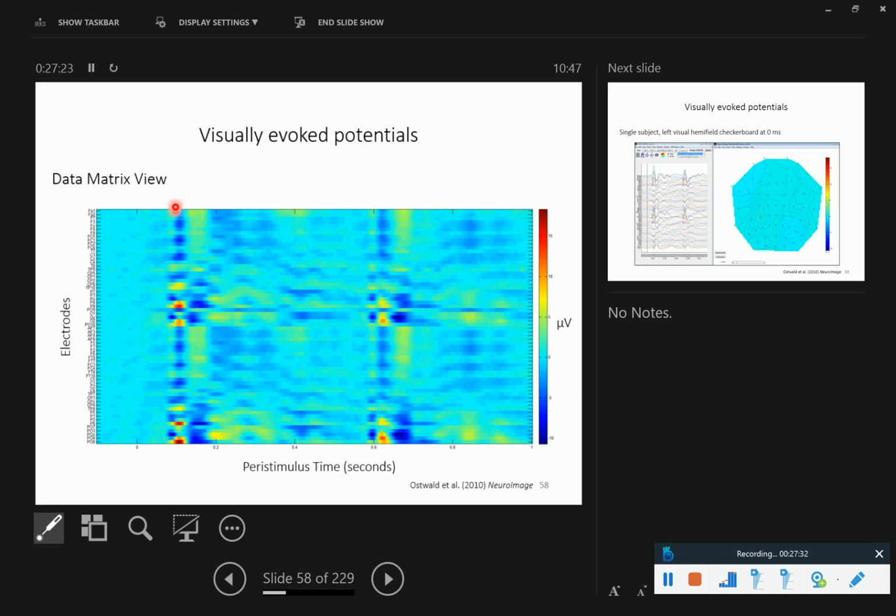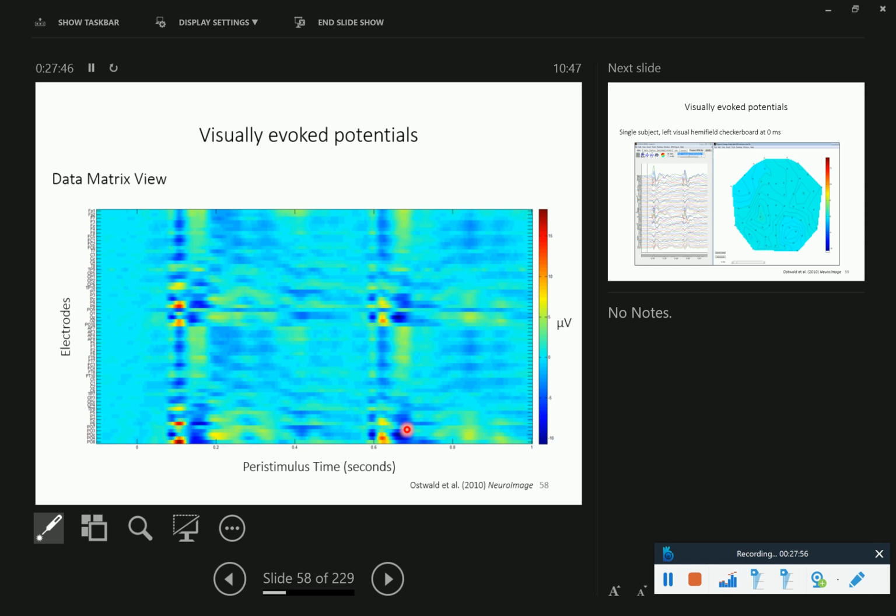And then you can see that there's a kind of response pattern happening here. There's actually a lot of negativity here at the P100, but also some positivity, as we will see in a second more clearly. And then the checkerboard reversal happened at 500 milliseconds, and then you see the response again.